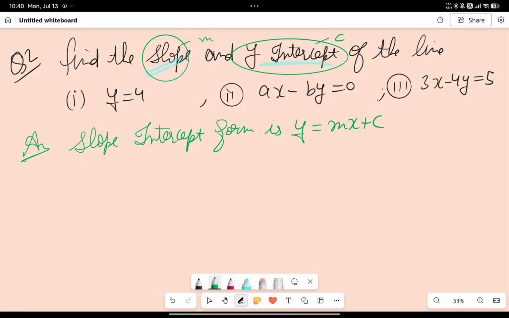Now, in the first part, your y is 4. I can write my equation as y equal to 4, or I can write it as y equal to 0x plus 4.